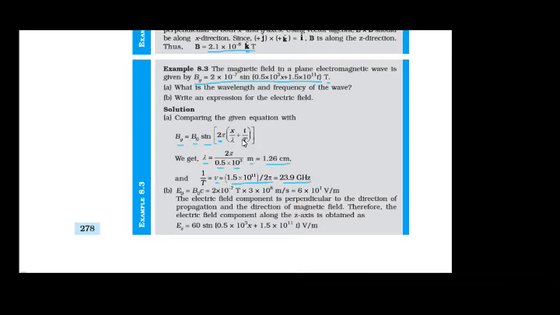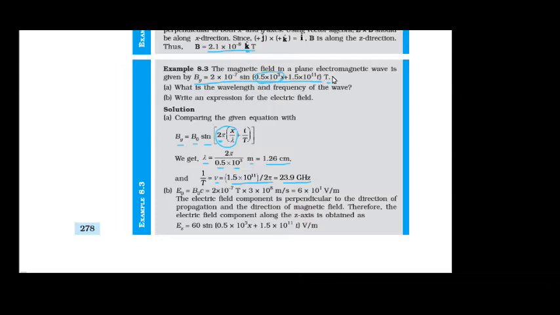What is the wavelength, lambda? Lambda is equal to 2 pi upon 0.5 into 10 to the 3. Why? If you compare this equation, this part will be equal to this part.